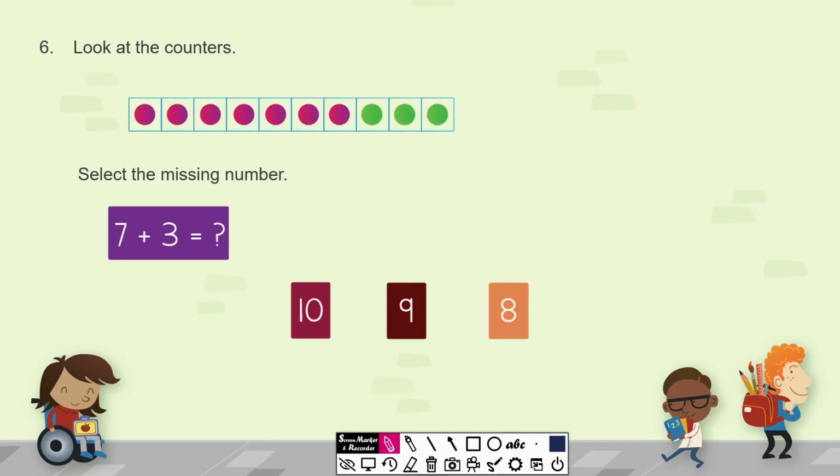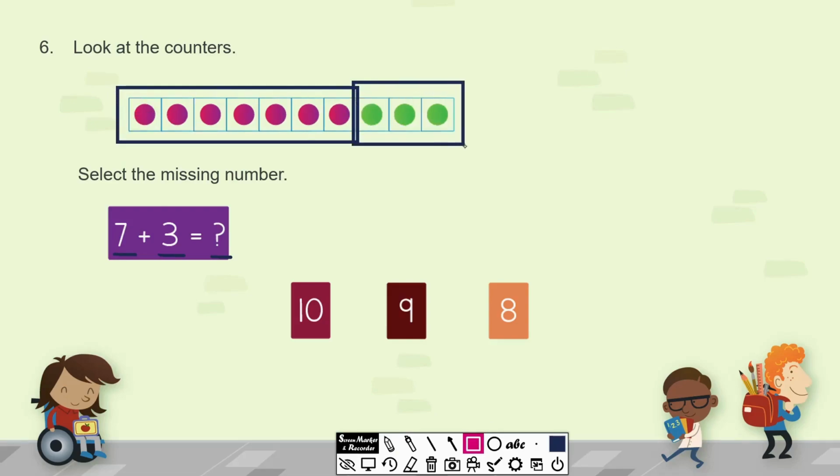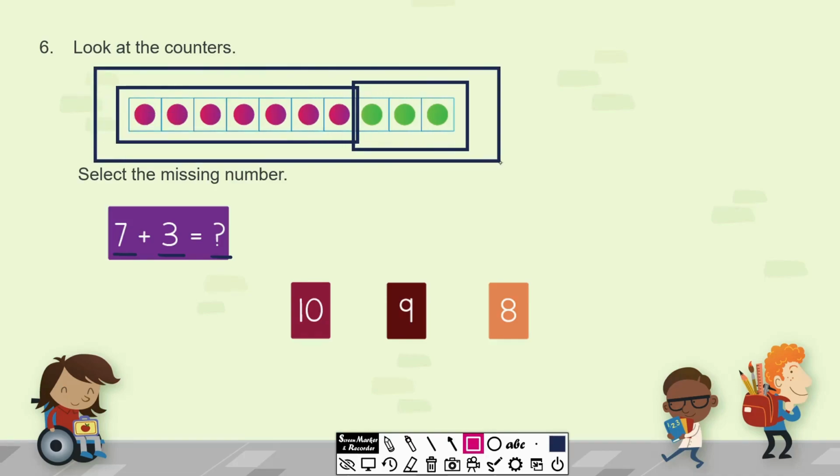Okay. So, 7 plus 3 is equal to what? We have 7 purple counters and 3 green counters. Let's see what is 7 plus 3. 7 plus 3 should be equal to the sum of these purple and green counters.